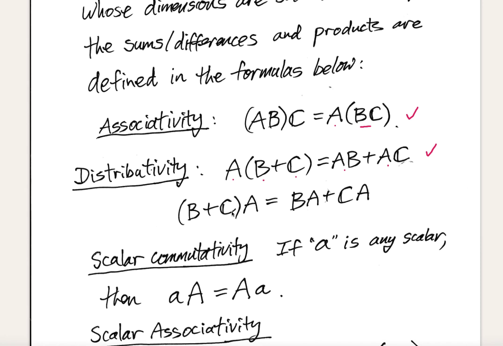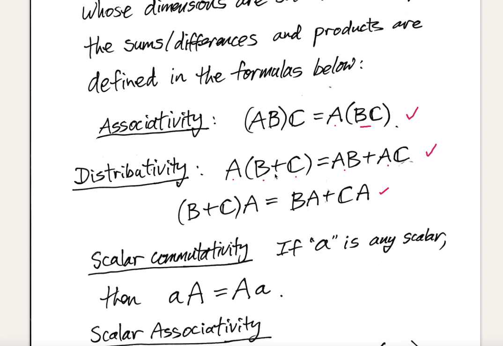Some people would call that the left distributive property because A is multiplying on the left, but you also have a right distributive property. So if I've got B plus C and I'm multiplying by some matrix A on the right, then this is also equal to BA plus CA. Again, assuming the dimensions are correct so we can actually perform all these operations. Now I didn't mention differences here, but I will in this one.